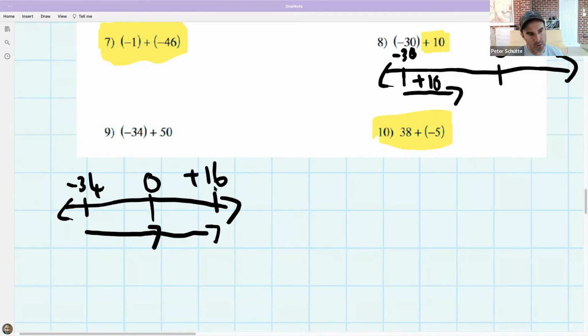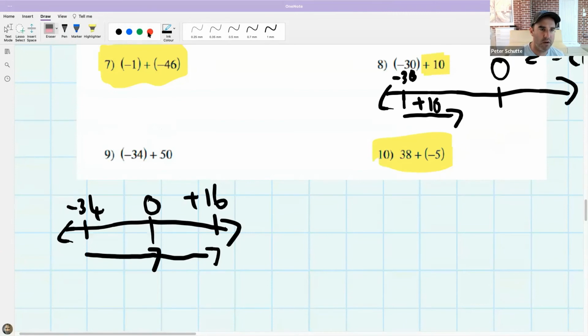Now, some of you have ended up with negative 16, and I want you to make sure you understand why you got to positive. If you look at this little arrow I've drawn, you'll see that you go 34 units. Actually, that's a little bit thick. Let me just change that to be a little bit more marker, like that.